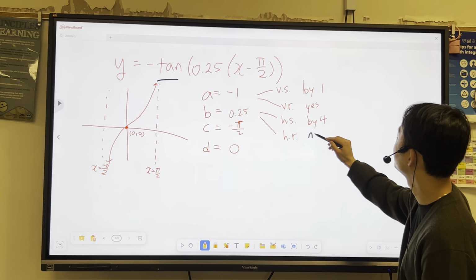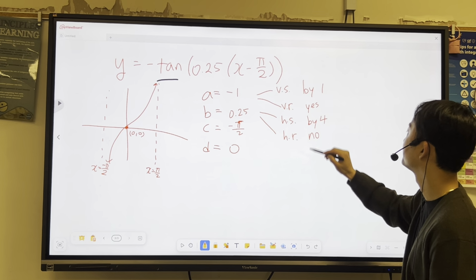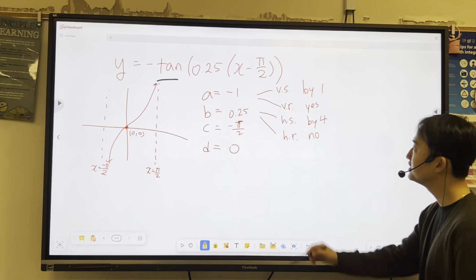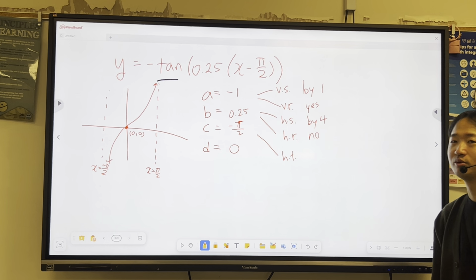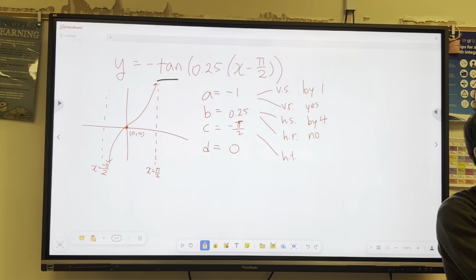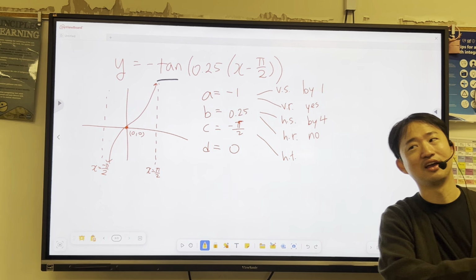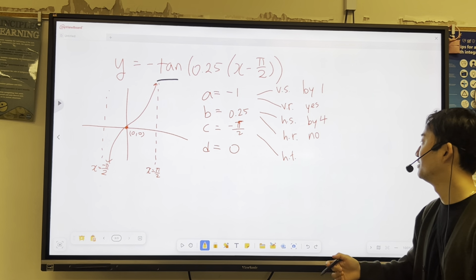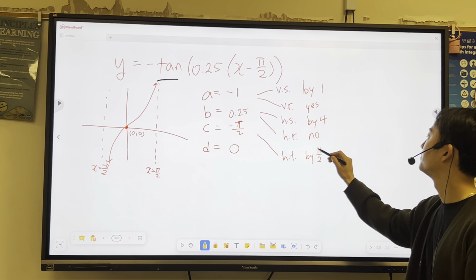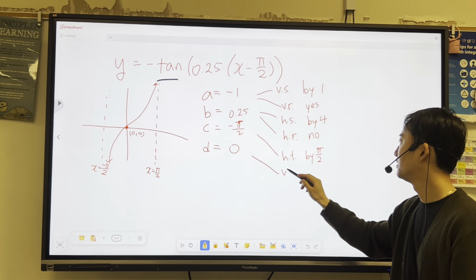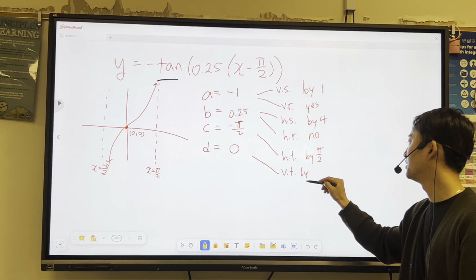It's positive, so no reflection. And the horizontal translation, C equals negative pi over 2. So we're actually translating by positive pi over 2. And lastly, vertical translation by 0.